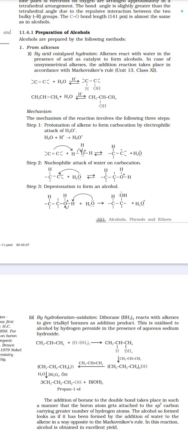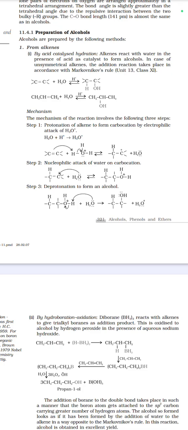Alkenes react with water in the presence of acid as a catalyst to form alcohols. In the case of unsymmetrical alkenes, the addition reaction takes place in accordance with Markovnikov's rule. CH3CH=CH2 plus H2O gives CH3CHOHCH3.